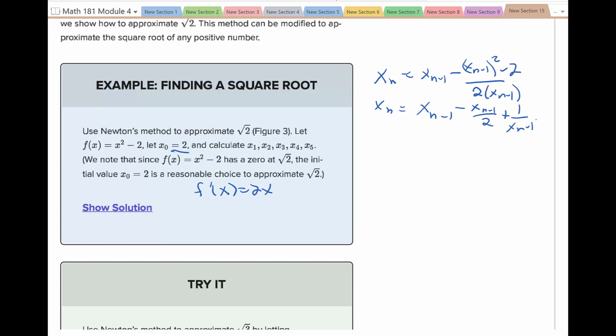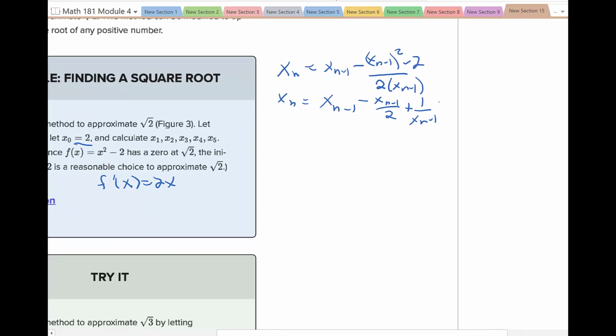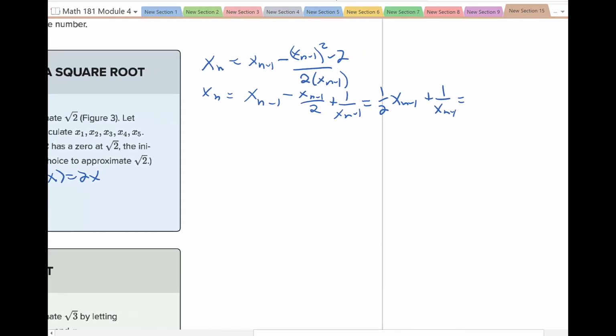Let's see a third thing if you want to factor a little bit. Notice you have x sub n minus 1 minus x sub n minus 1 over 2. So that's going to be 1/2 times x sub n minus 1 plus 1 over x sub n minus 1, or, if you factor out the 1/2, x sub n minus 1 plus 2 over x sub n minus 1.